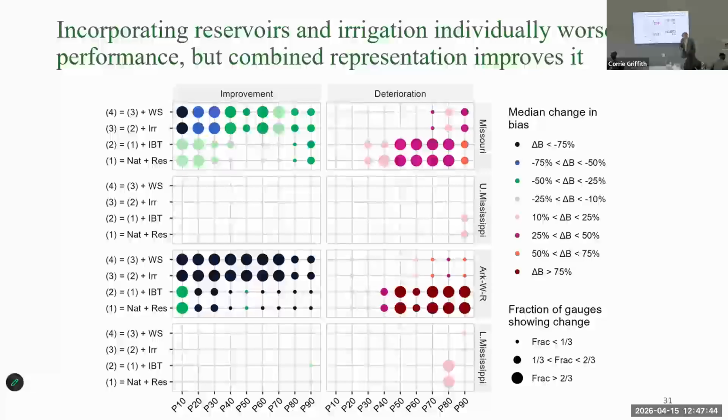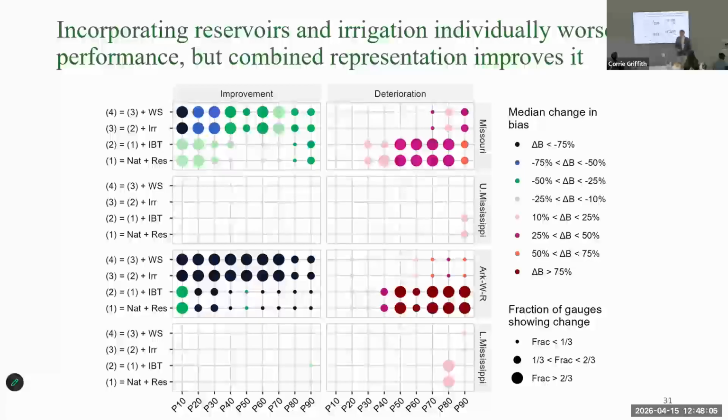Right? The results for low flow are even worse. And even after we add the interbasin transfer, it doesn't change much. Only after we add irrigation does the deterioration go away and the results become much better. Then we can see some green circles on this side.